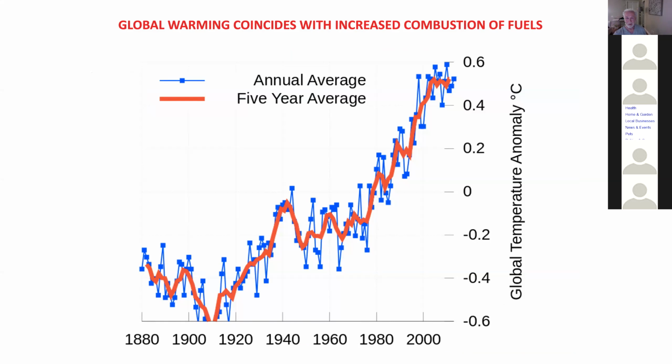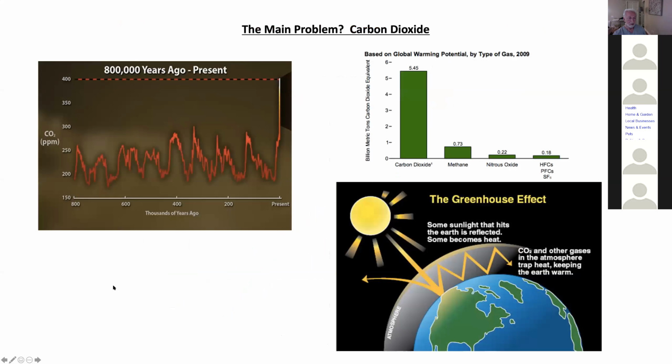Here you can see it's up to 0.6. So this is how CO2 in the atmosphere has varied over a long period of time, 800,000 years. So you can see it's gone up and down and up and down over the years. And it's only at the present time that it's gone out of sight.